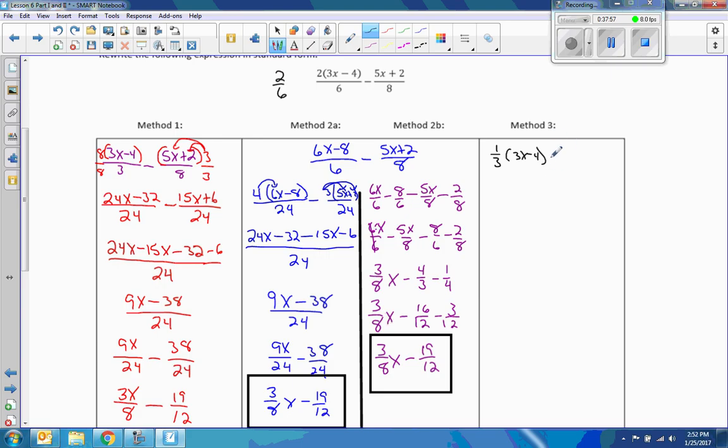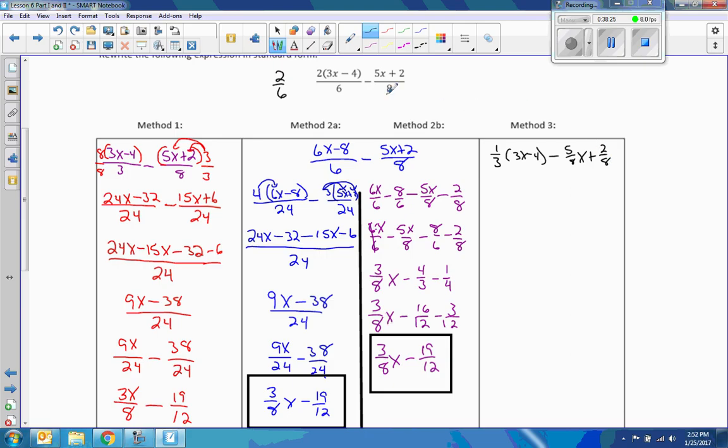And then once I do that, I can't do that with this one here because it's not in parentheses. This one was in parentheses. The 2 is out by itself. This 5 is not out by itself. I can't take a 5 out of a 2, so I can't do anything with that. So I'm just going to write minus 5/8x, plus 2/8.